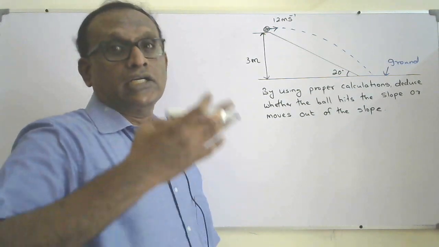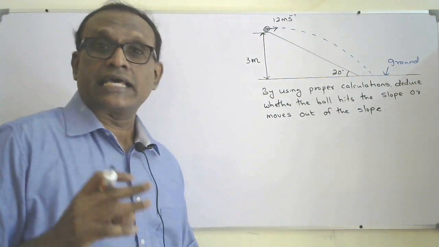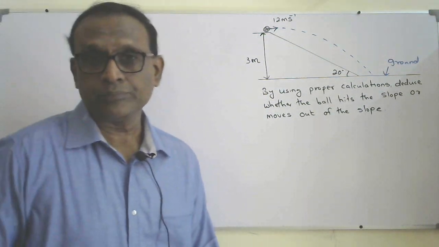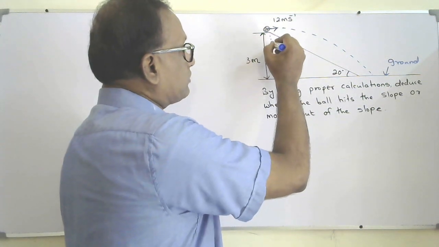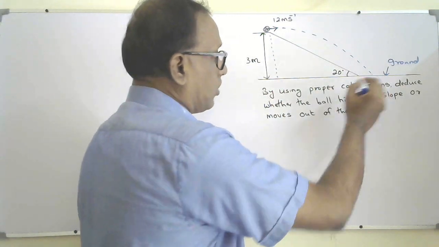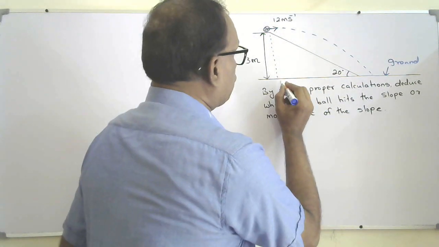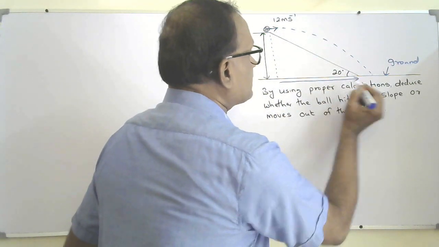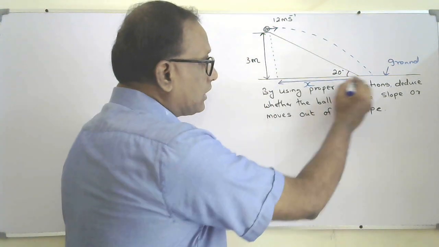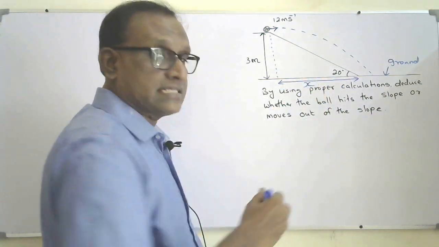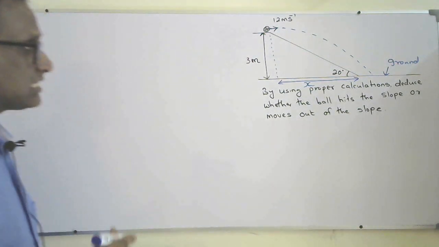Then I will calculate the horizontal displacement from the edge of the slope. Then, since I know the angle, I can calculate this length also, let it be x. If the horizontal displacement is greater than x, that means the ball will hit out of the slope. That's the idea in my first method.